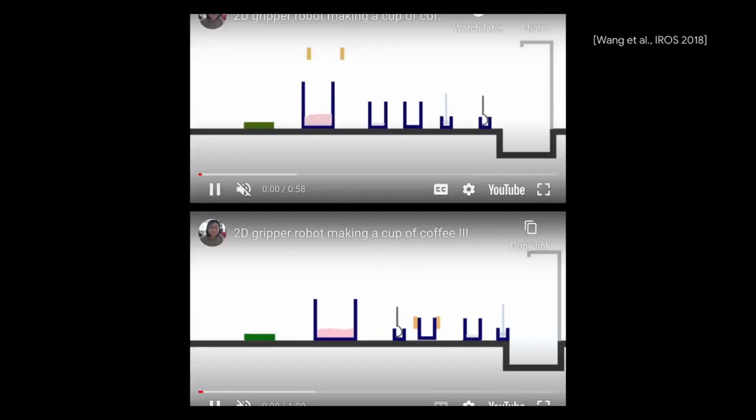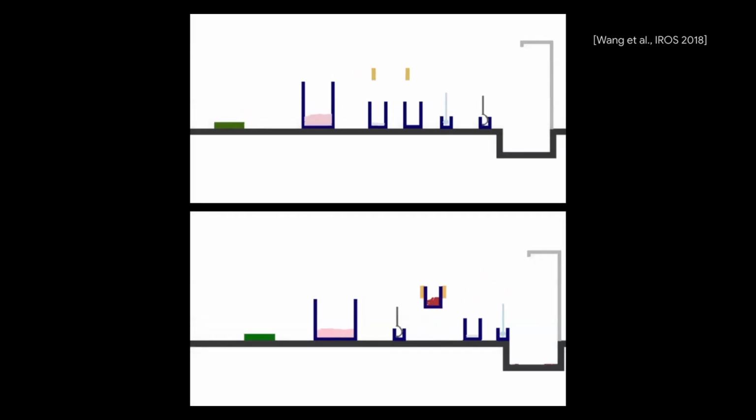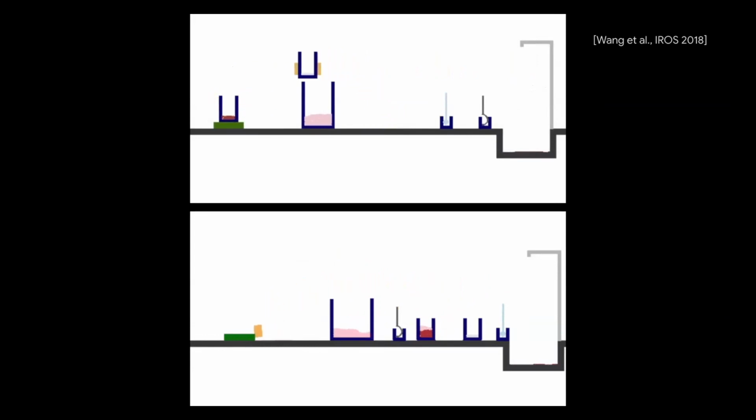Okay, so these are some of the examples in this particular 2D world where we illustrate what our final goals are, basically for very different locations or sizes of the objects in the world.